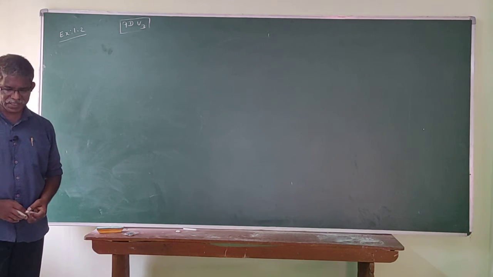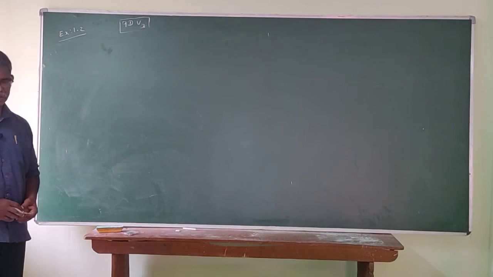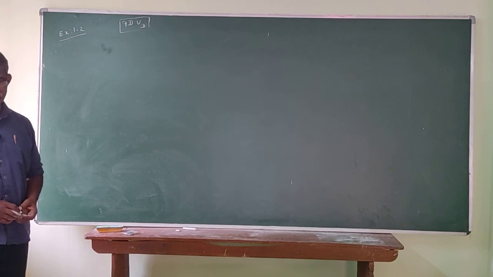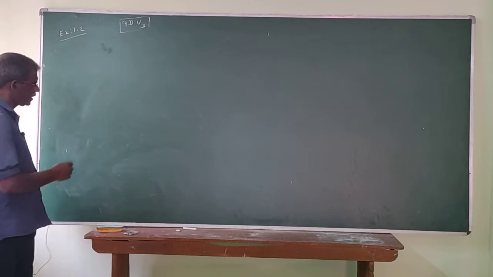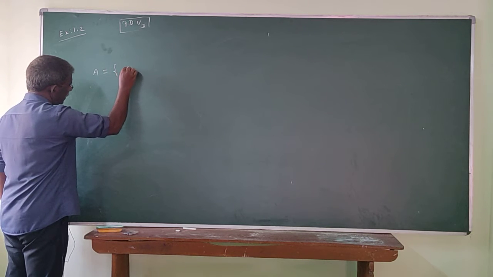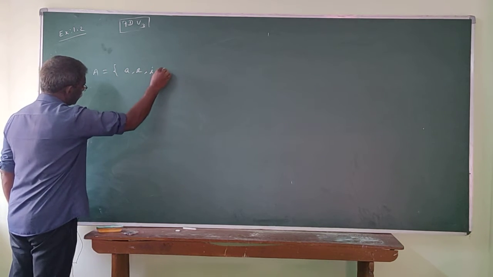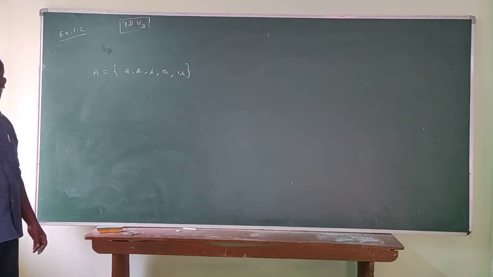So here two sets are given. First question: A is equal to the set of all vowels in the English alphabet. So we know that A is equal to {A, E, I, O, U}. These are the vowels of the English alphabet.